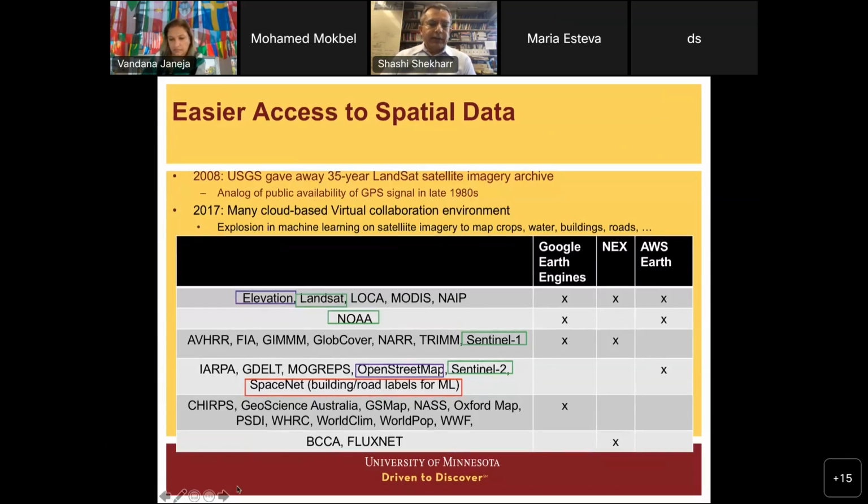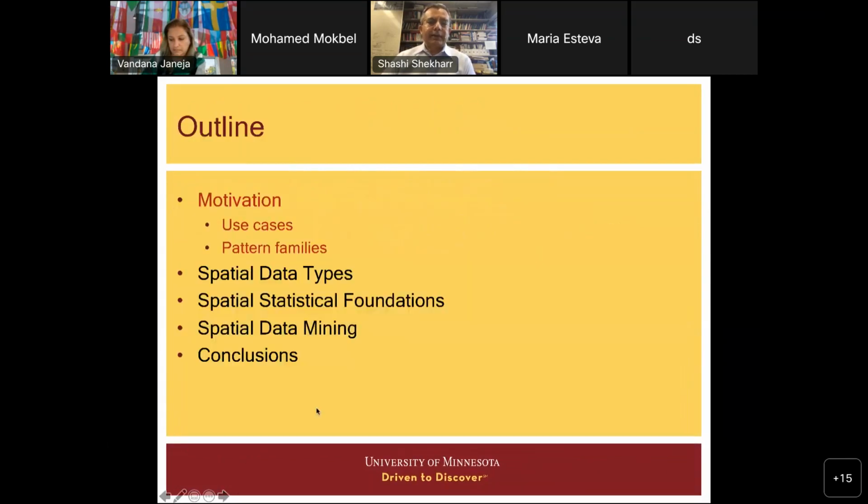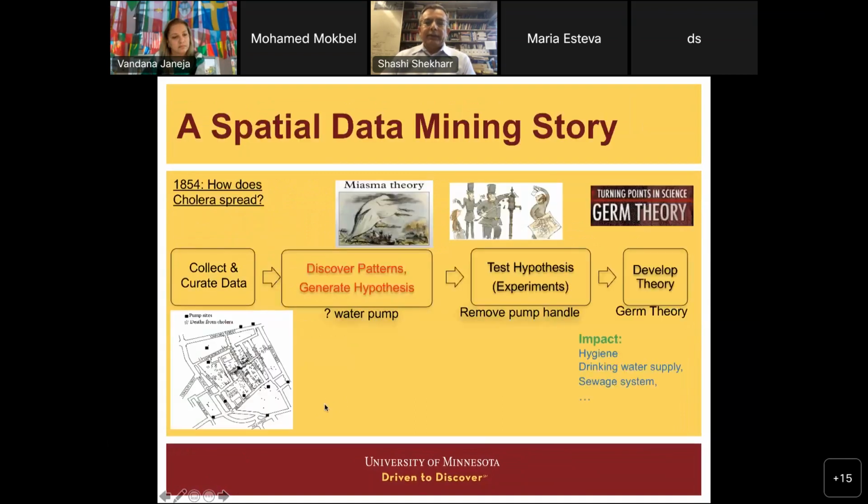So again, the data set is available and the access is getting better, right? And that's very similar to many of the arguments made in iHARP. Okay, so with this, let me actually take you to an old story about why spatial data mining may be of interest to scientists. And given the pandemic, I think this story, even though it's fairly old, is still relevant, right?